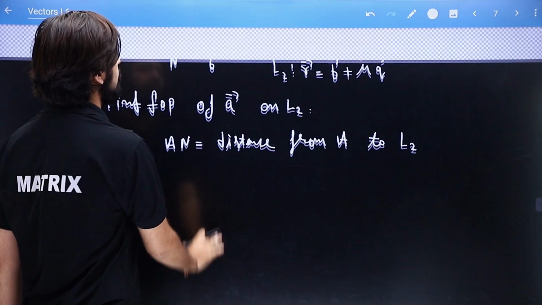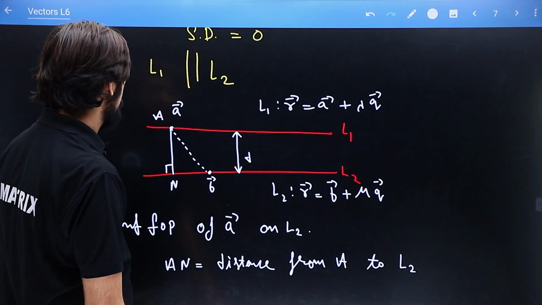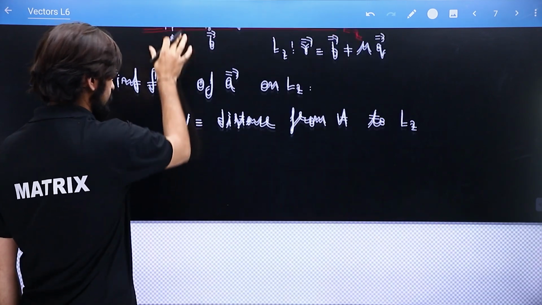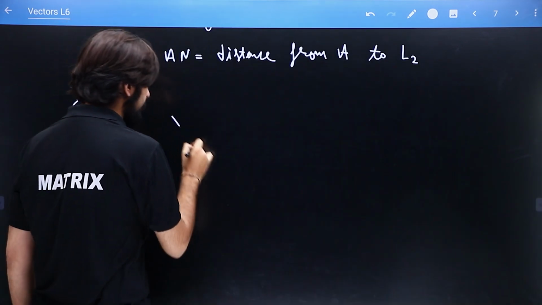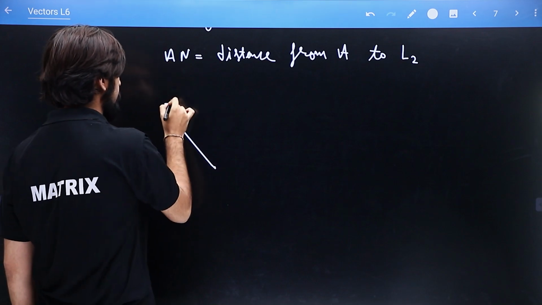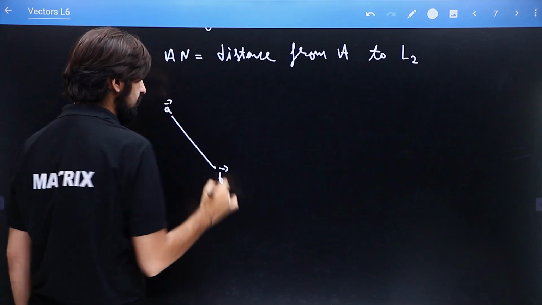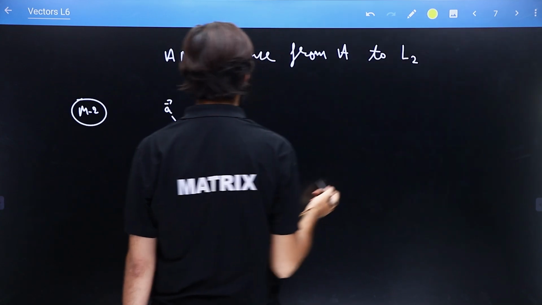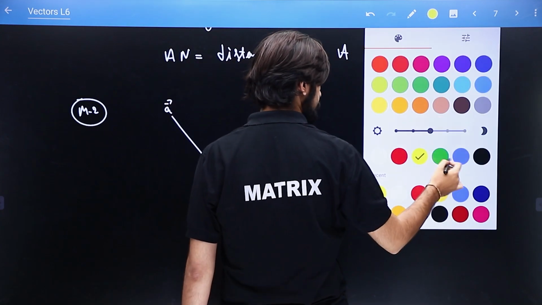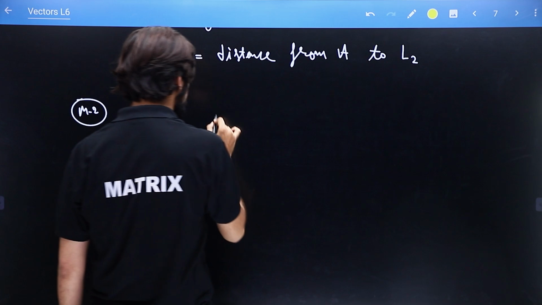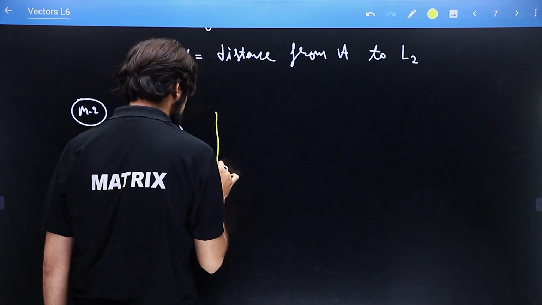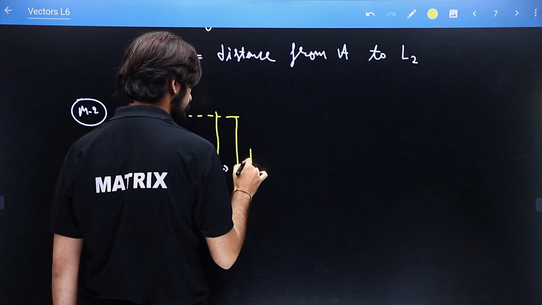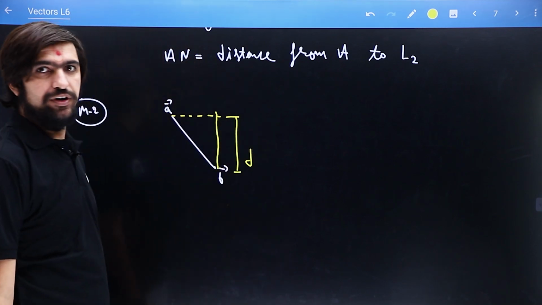Another method, M2. What is another method? Let's say this is your vector A, vector B, and this was your distance D. You have to find this.